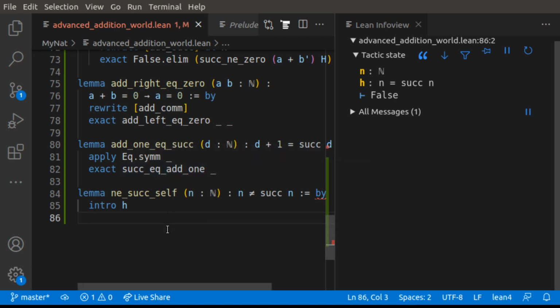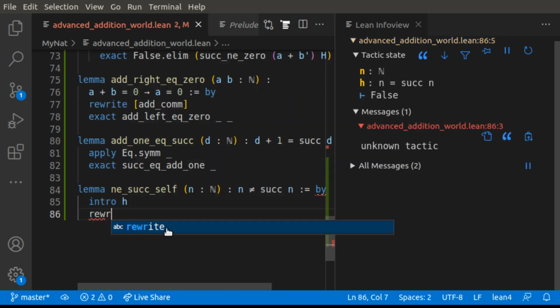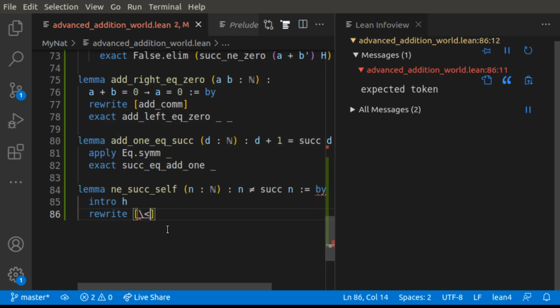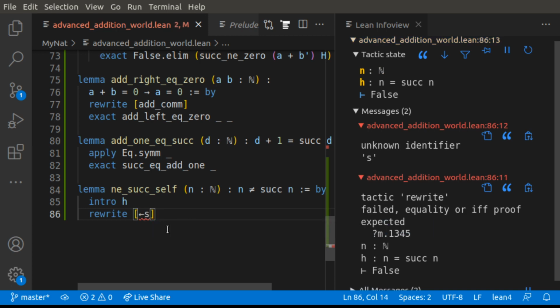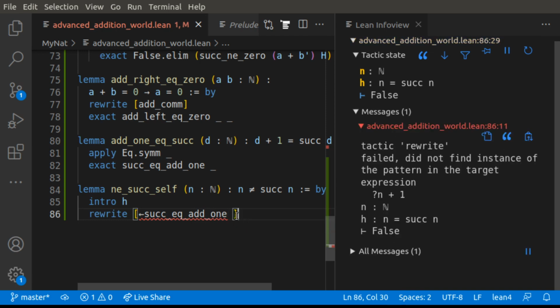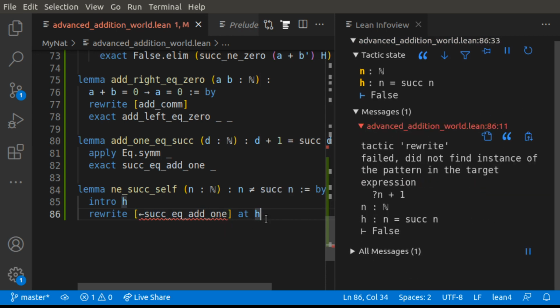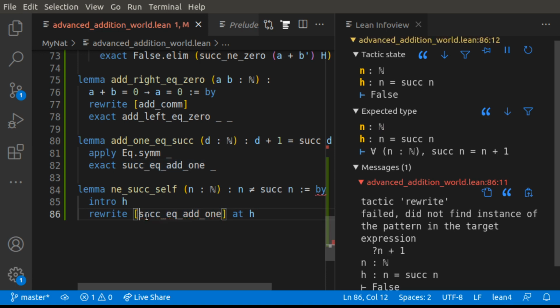Okay, I guess we could maybe rewrite successor equals add 1 at h. What does it say? Oh, we should do it forward.